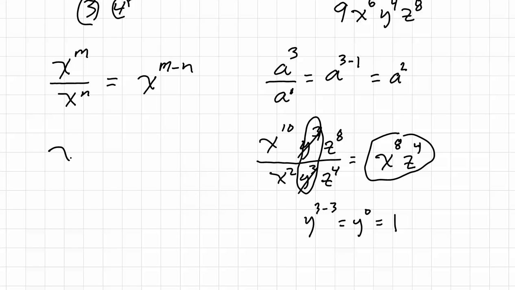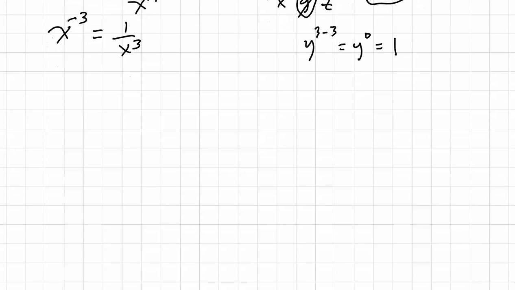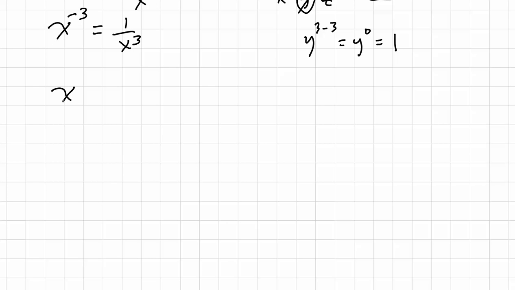If we have x to a minus exponent, then convention says that we should write it and switch its position in the fraction. So if we had, for instance, x to the minus 3, this becomes 1 over x cubed. We get rid of the minus. Let's have another little rule here.